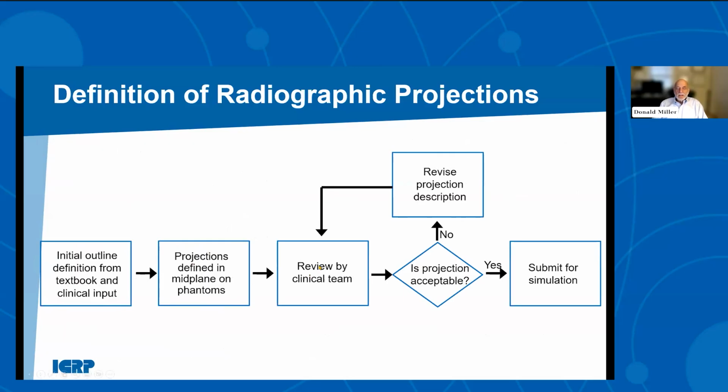We looked at that and determined if it was acceptable or not. If not, we gave specific instructions about how to modify the appearance. The projection was revised. We looked at it again. Sometimes this iteration went through 3 or 4 versions. Eventually, we decided the projection was acceptable, and then it was submitted for simulation.